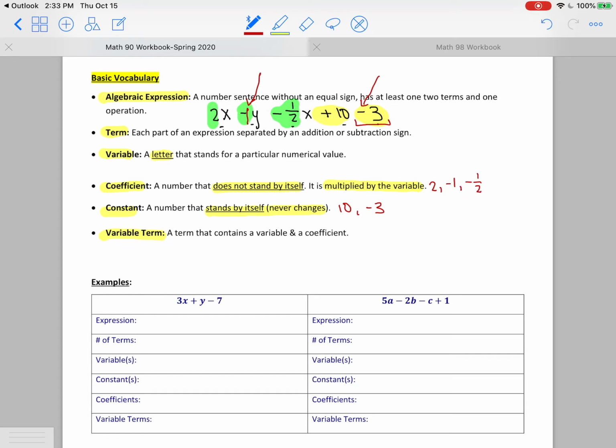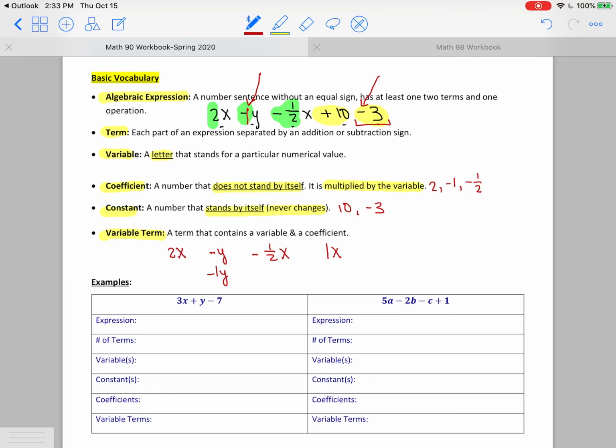So up above, we've got 2x, that's a variable term, or negative y, or if we chose to say negative 1y, those are the same thing. That's a variable term. Negative 1/2 x is a variable term. Even if we just had an x sitting there, we would consider that a variable term because it does have a 1 in front. Even though we don't write it, it's an understood 1. And there is a variable. So basically we call those variable terms.